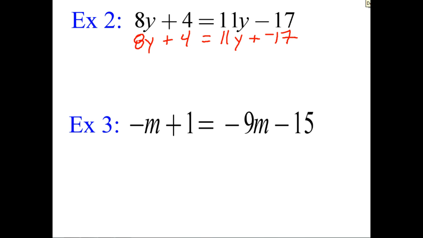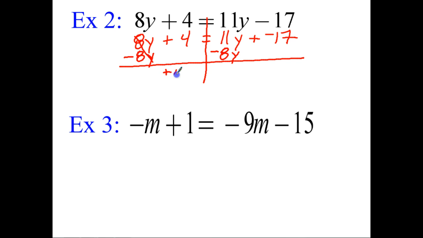All right, so now let's look. This is a positive 8 and a positive 11. Positive 11 is higher, so I'm going to remove 8y from both sides. So I'm going to add a negative 8y to both sides. That's going to leave me with these canceling out.